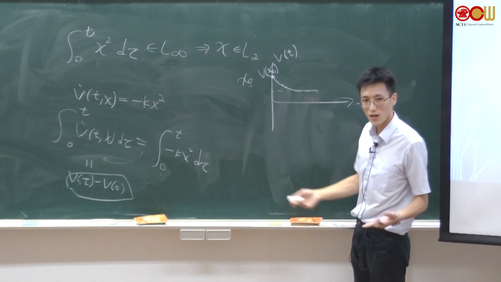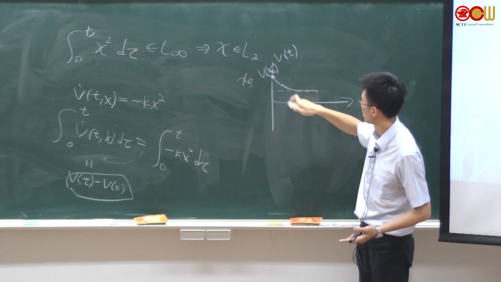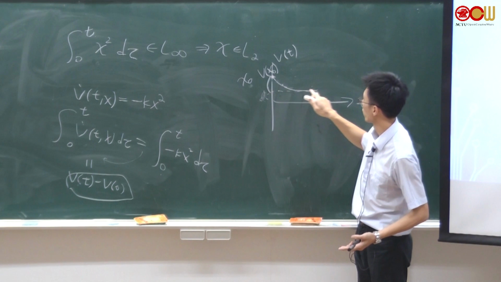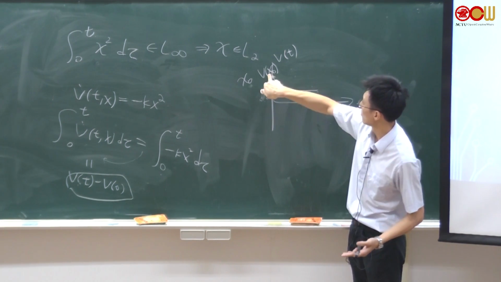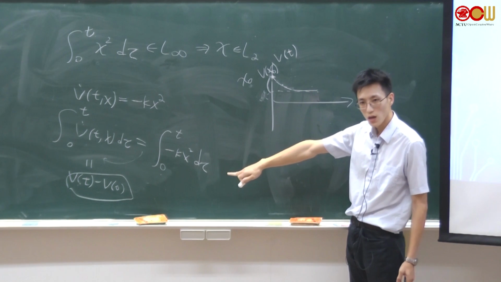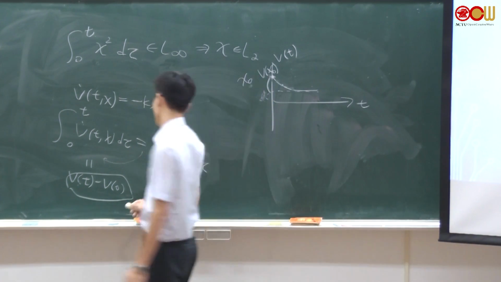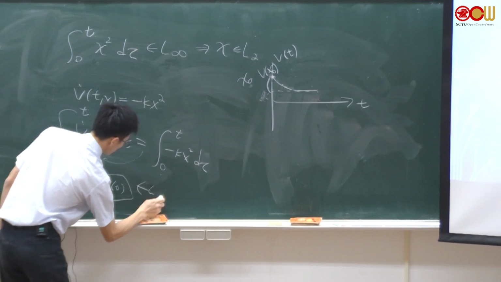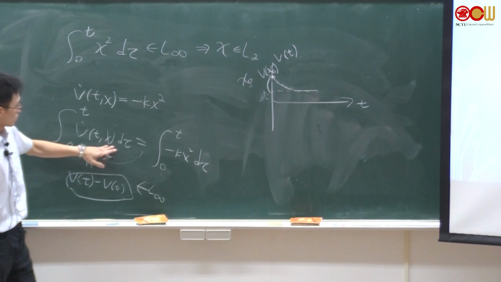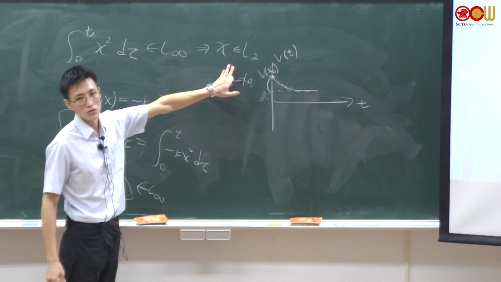This is V of t. So the largest difference from the initial condition to here, V of t can be anywhere in here. So the difference between the initial condition of V and V of t will be bounded, right? So this is bounded. So if this is bounded, then x is an L2 function.